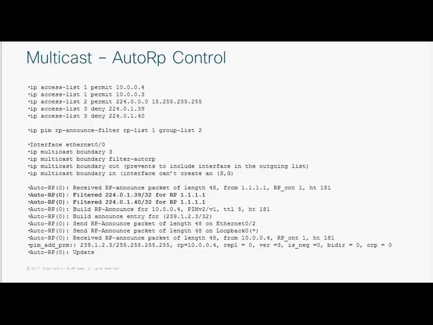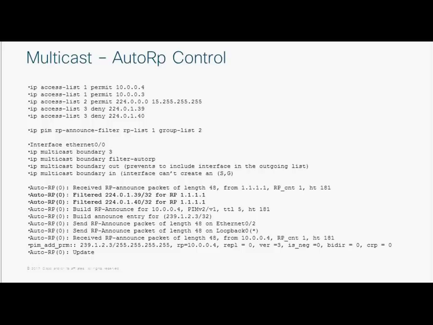For the auto RP control, here you can see the example configuration. In this case, we have an access list permitting the RPs that we want to use, and then the groups that we want to permit. I also set an access list, number 3, denying the auto RP groups. Those IP addresses are the ones used to distribute auto RP states.